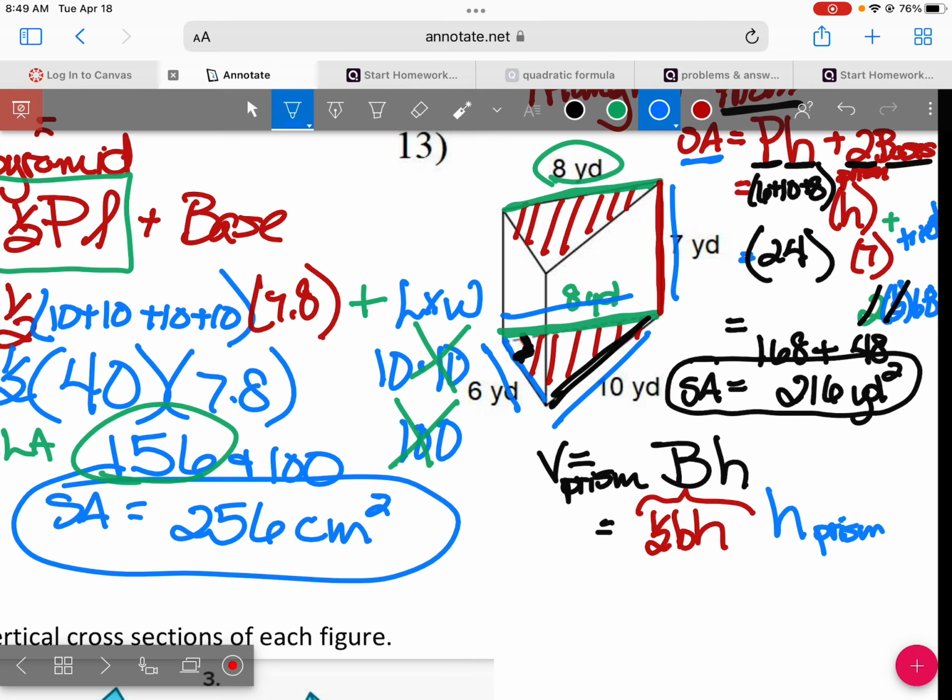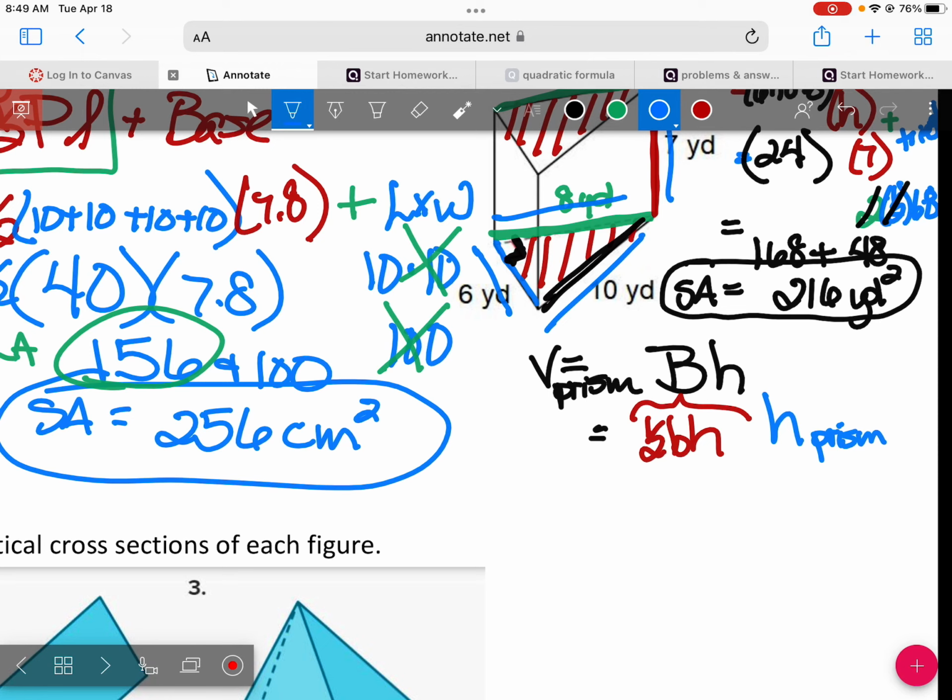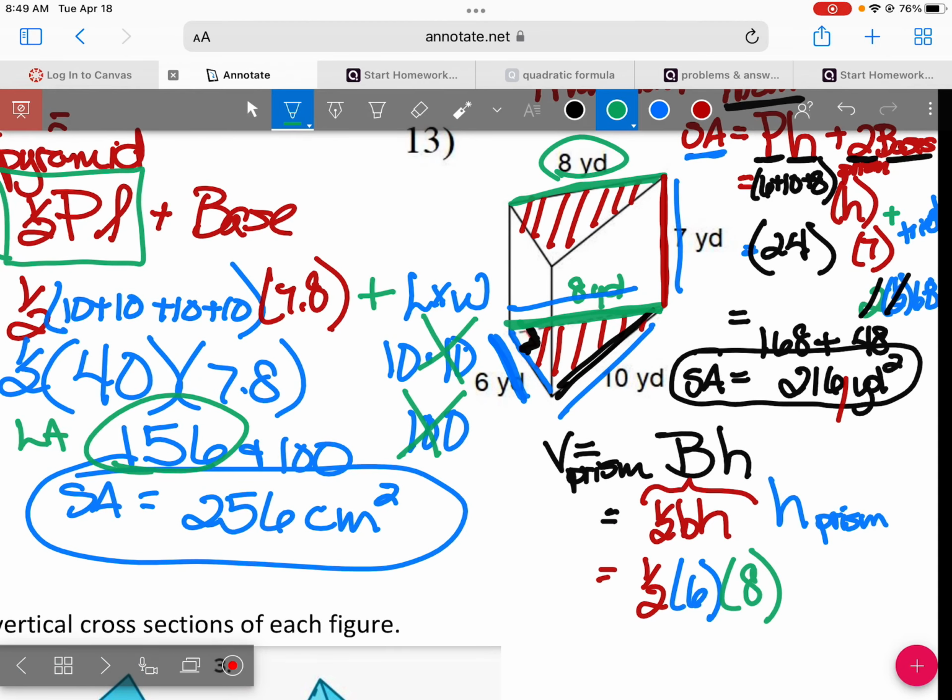So this is where we have the 2 H's. So 1/2 base of the triangle is right here, 6. The height has to be perpendicular, 8. And the height of the prism, the distance in between, is 7.